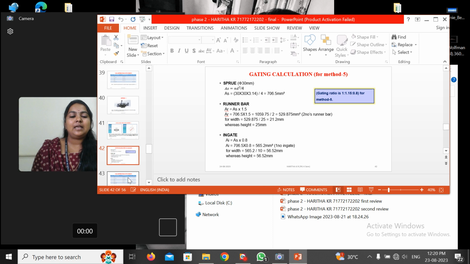So next, what kind of gating calculation can be done for method 5 in order to reduce the level of defect, and also increase the yield percentage.